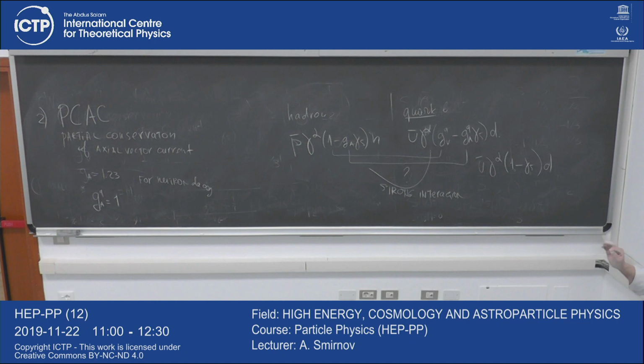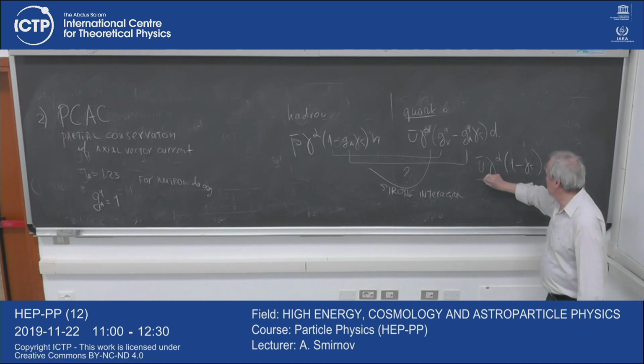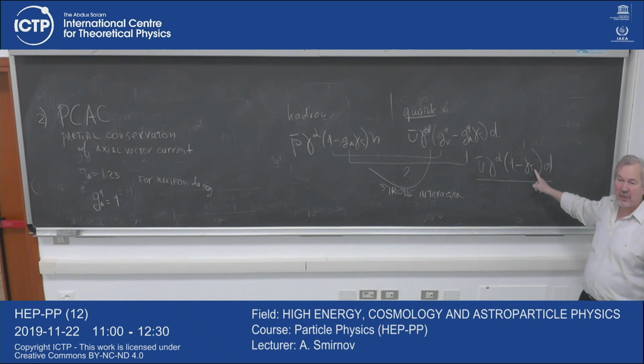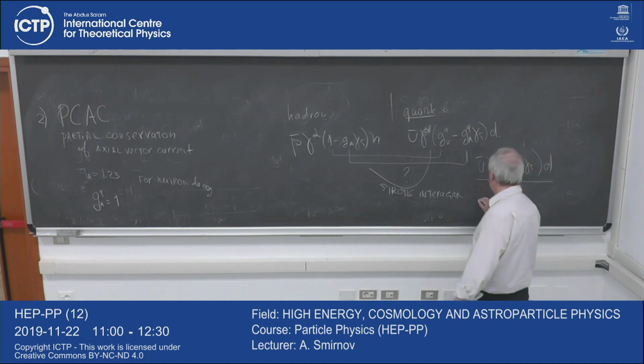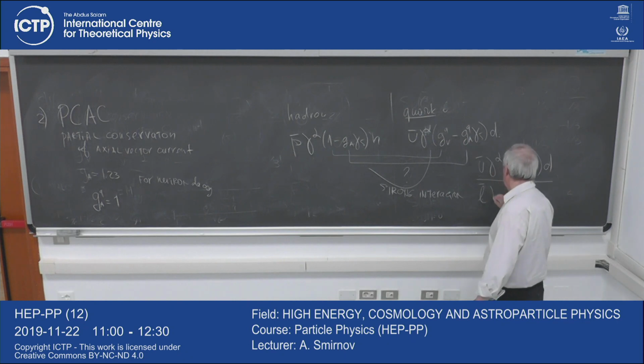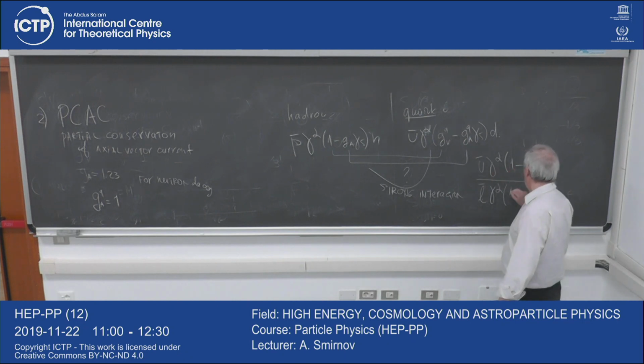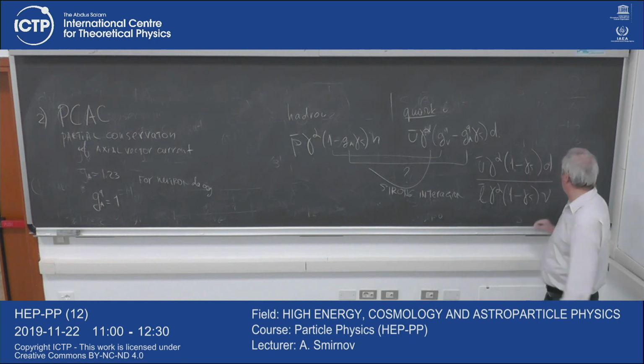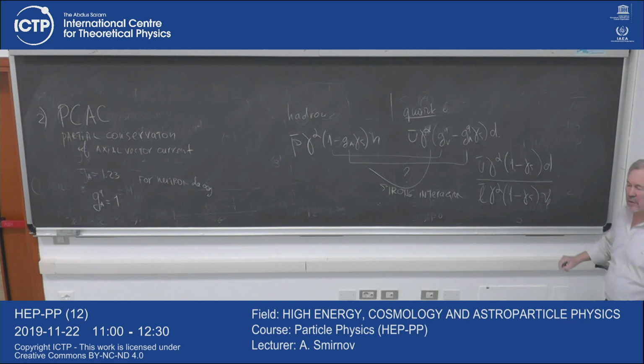At quark level, the situation is simpler, and we get this very important result that at quark level we have V minus A structure of the current, the same as in the case of leptons. Remember, we had this lepton current, which is L, gamma alpha, 1 minus gamma 5, neutrino, L, lepton or muon.